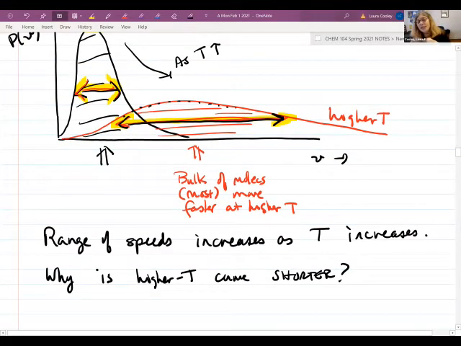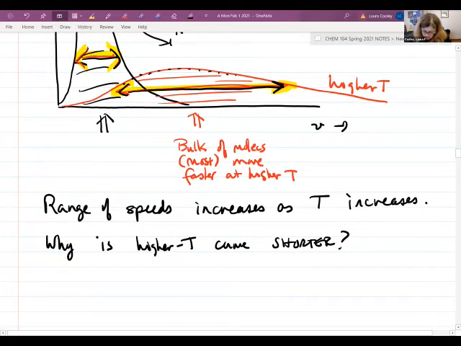But no matter whether you're at the higher speed or the lower speed, the probability of having a speed is 1. So the thing that's got to be constant here is the area under these curves. And if the area is going to be the same and you stretch the curve out, then the top has to be smaller. So I guess that's really the reason, but what you said was mostly true, actually. So why is the higher temperature curve shorter?